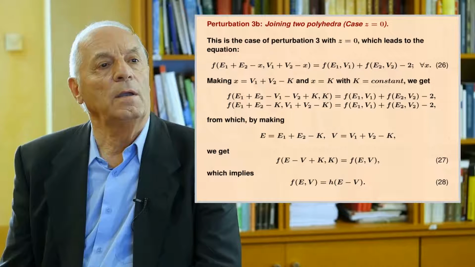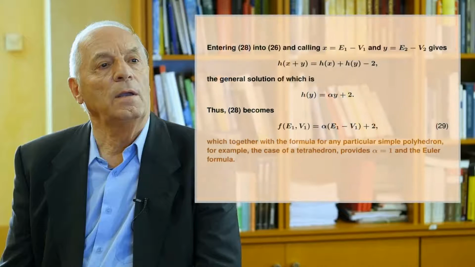Perturbation 3b, joining two polyhedra, case C equal to 0. This is the case of perturbation 3 with C equal to 0, which leads to the equation 26 and making x equal to v1 plus v2 minus k and x equal to k with k constant, we get the system of two equations in this slide, from which we get equation 27, which implies 28.